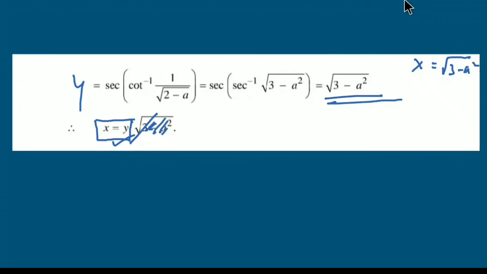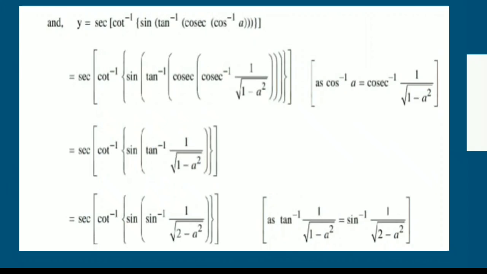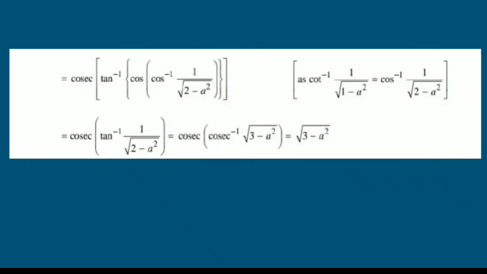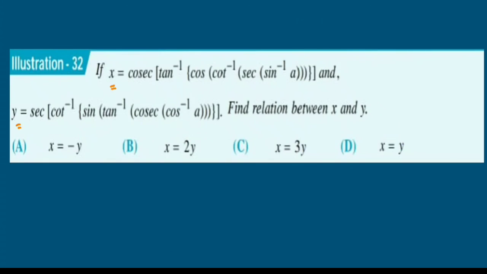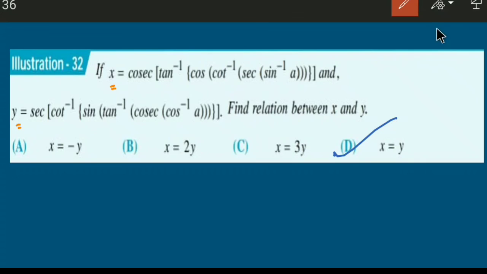So let's see the solution. Let's see, the question was there, so D option was correct. Yes, the option was D, and hence we say D option is the correct result.